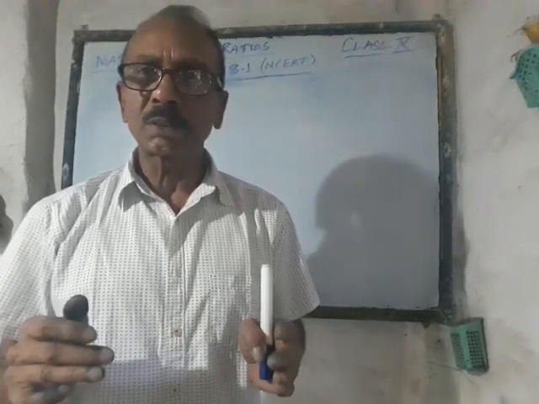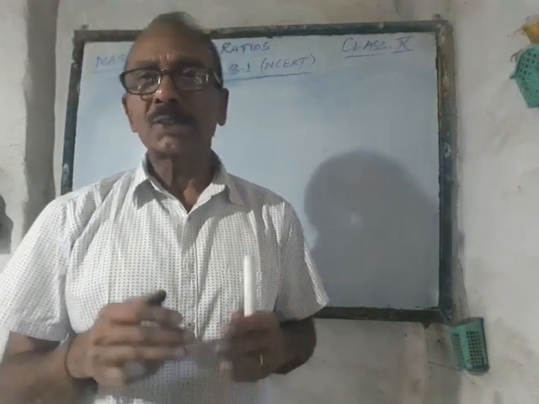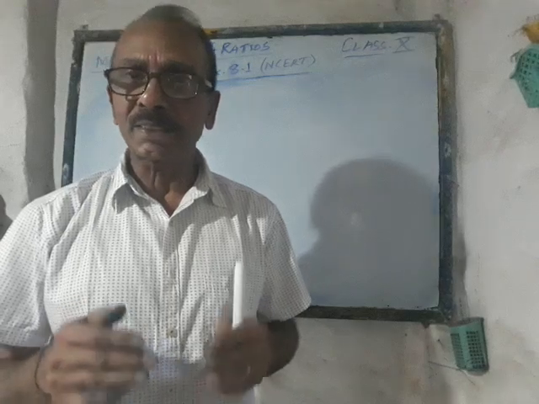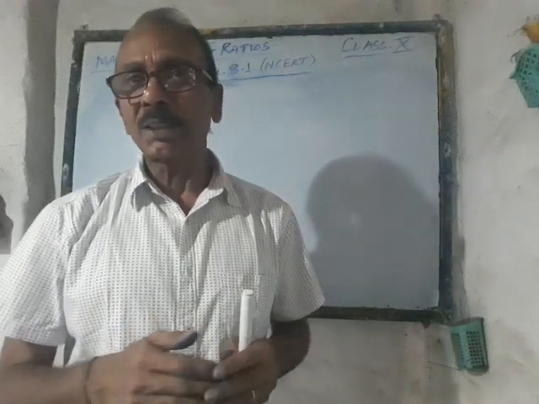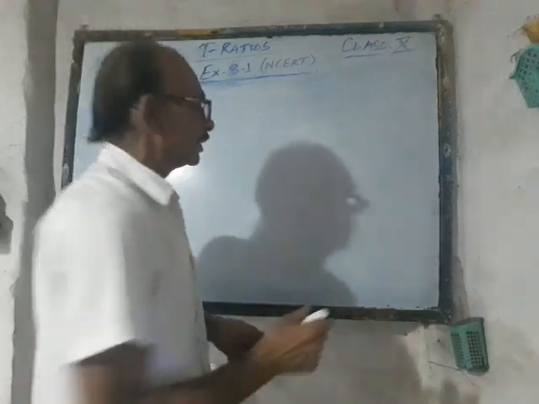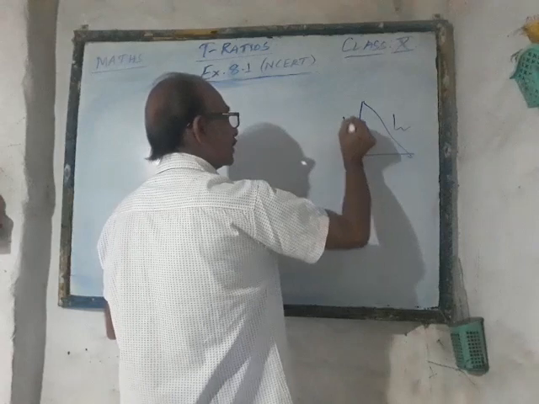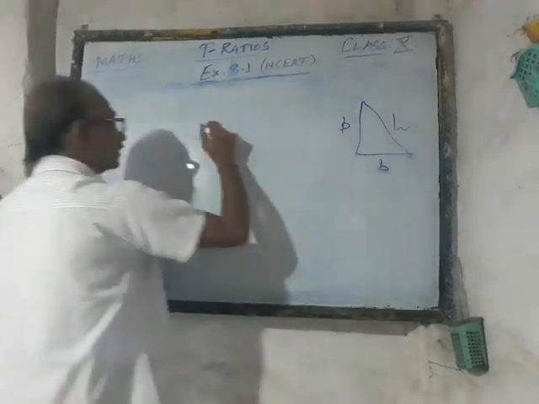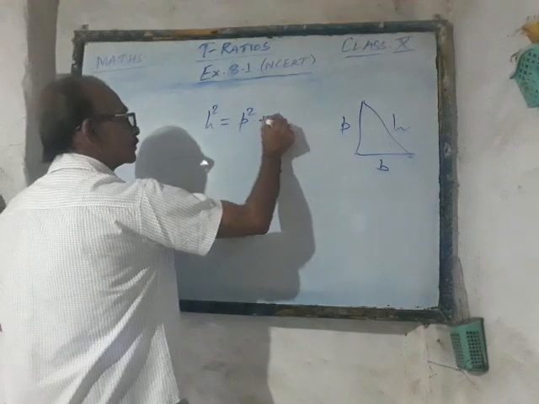Whatever the Pythagoras theorem says, that in a right angle triangle, the square of the largest side is equal to the sum of the squares of the other two sides. Means what? In a right angle triangle, if it is H and it is P and it is B, then H square is equal to P square plus B square.